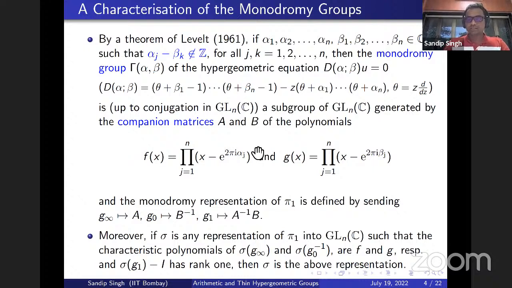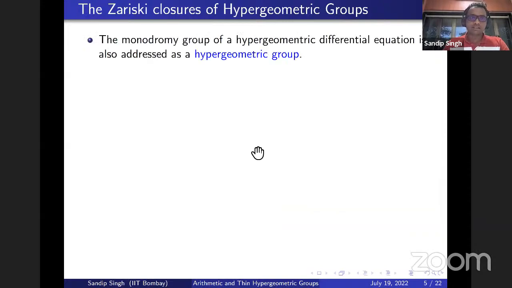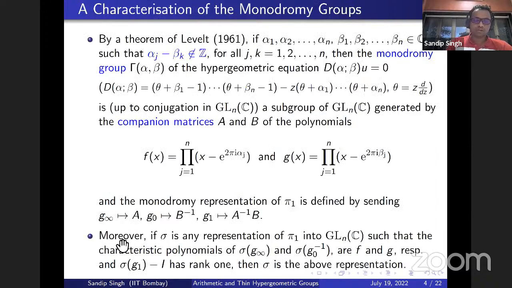Now onward, we'll call the monodromy group of the hypergeometric differential equation a hypergeometric group. In Beukers and Heckman, the hypergeometric group is just defined as the group satisfying this condition.